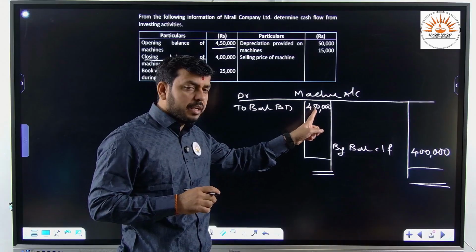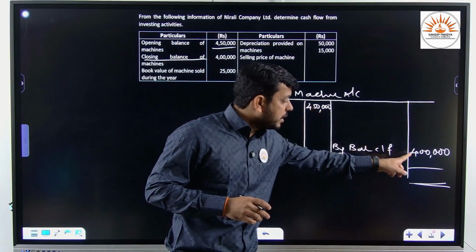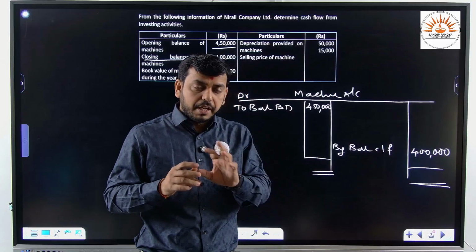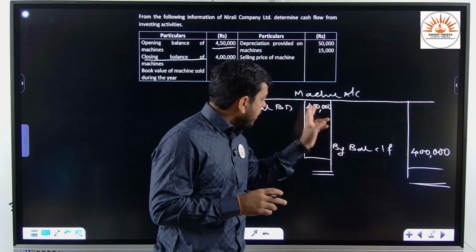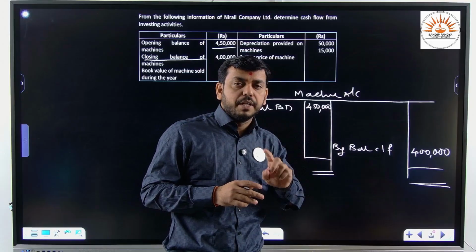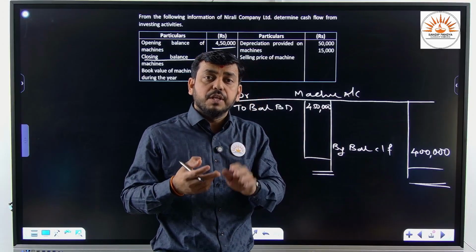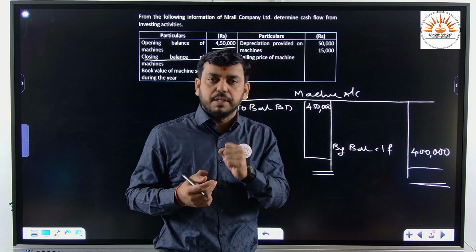In the beginning of the year, we have machines of 4,50,000 and we have machines of 4 lakh at the end. So the difference, we can definitely identify that the value of machine reduced over a period of 1 year. So this could be our depreciation, or it can also be said that we have sold the machine of value rupees 50,000. Fine.